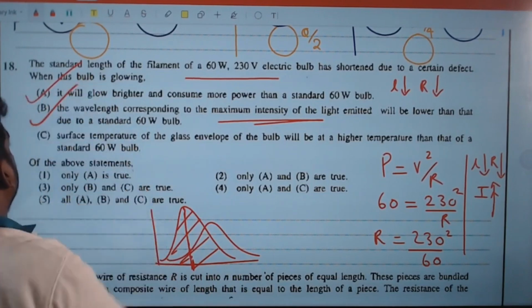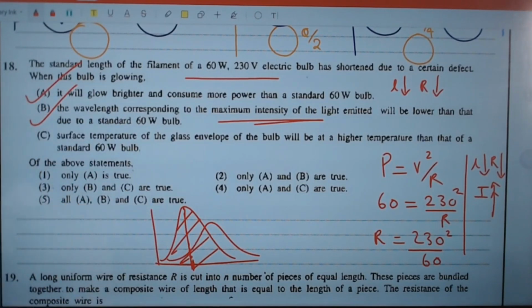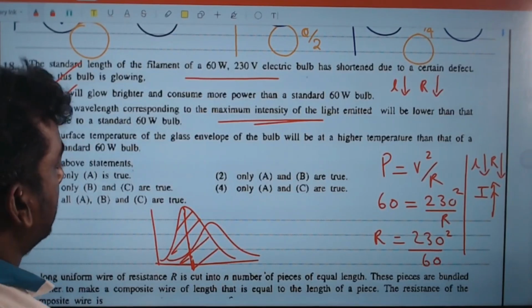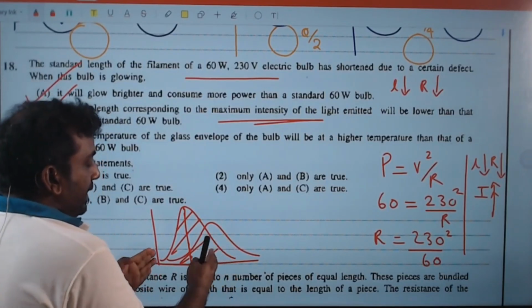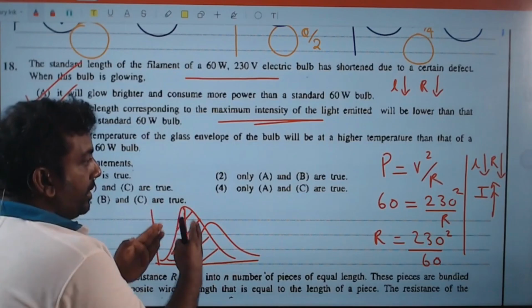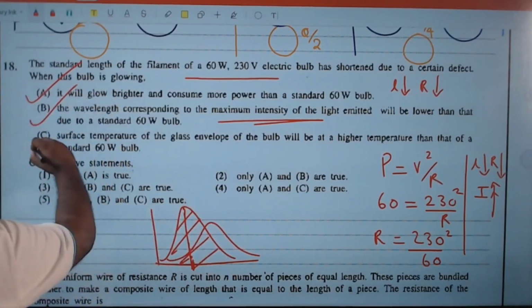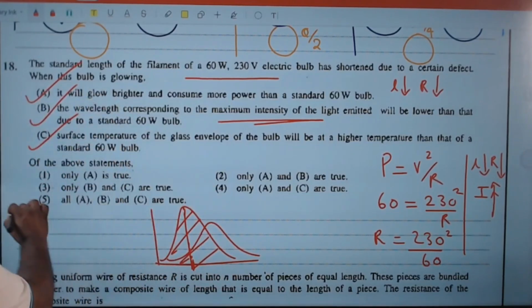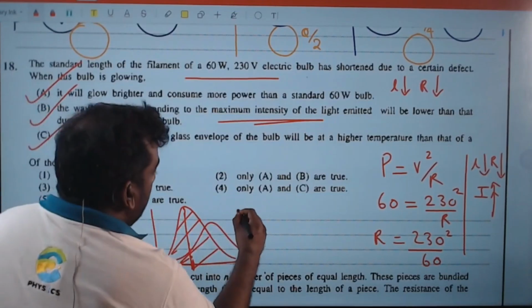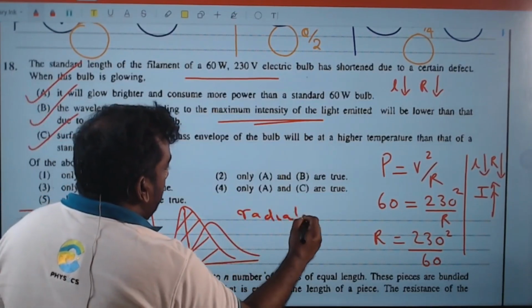Correct. Surface temperature of the glass envelope of the bulb will be higher. Yes. When the intensity increases, Q dot increases, temperature will increase. C correct. A, B, C all are correct. Don't forget, this is connected to radiation and electricity.